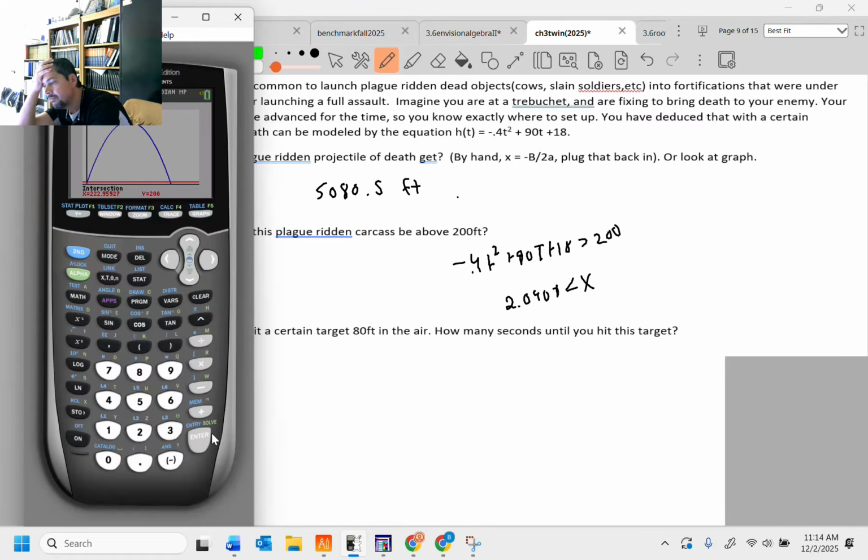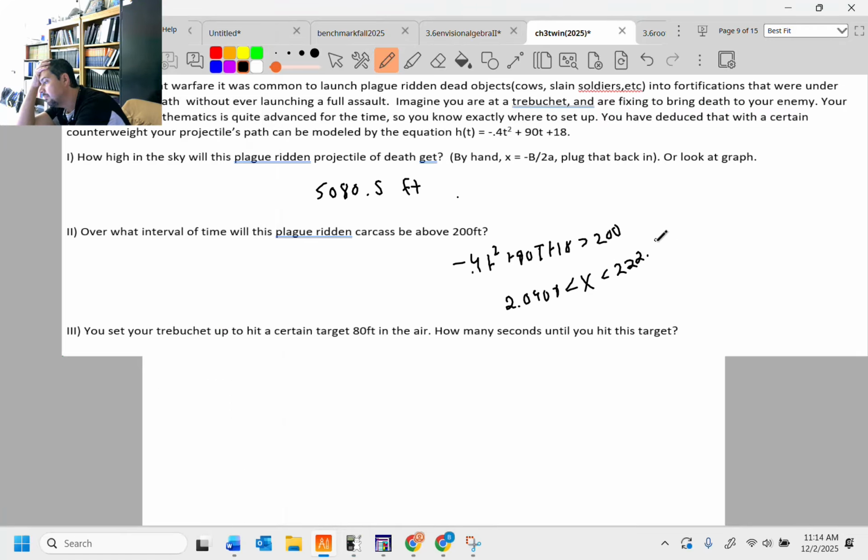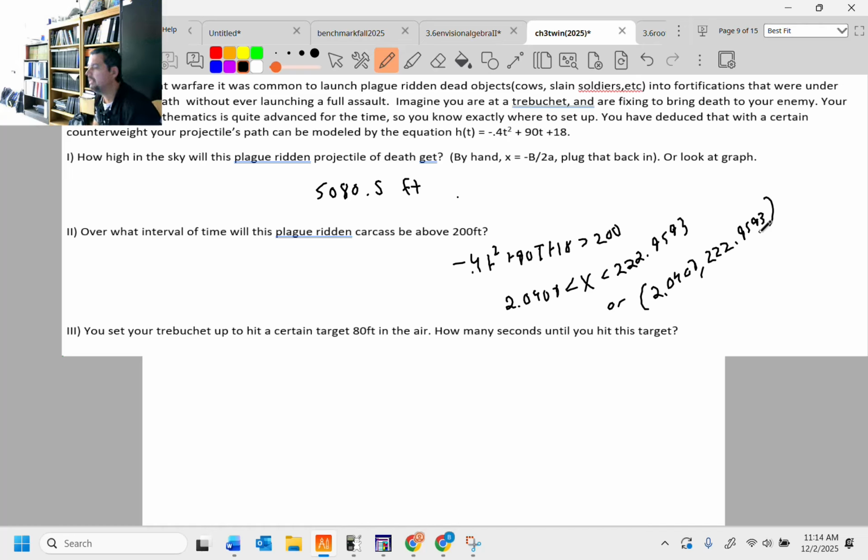Enter, enter, enter. 222.9593. Or if you like interval notation, parentheses 2.0407, comma 222.9593. All right. Part 3, you set your trebuchet up to hit a certain target 80 feet in the air.